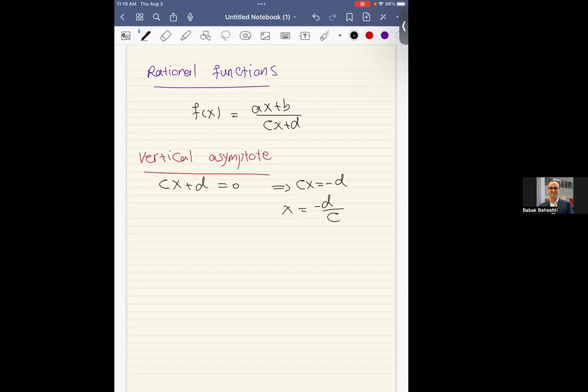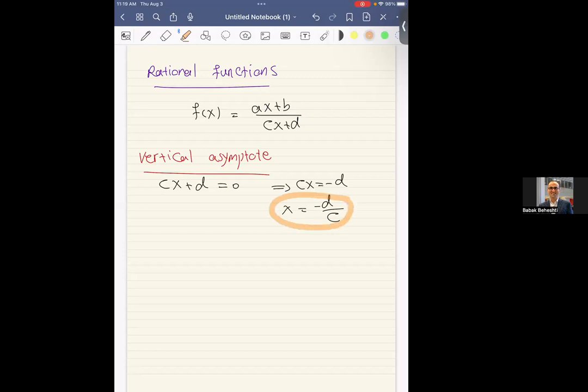So x equal to minus d over c is a vertical asymptote.